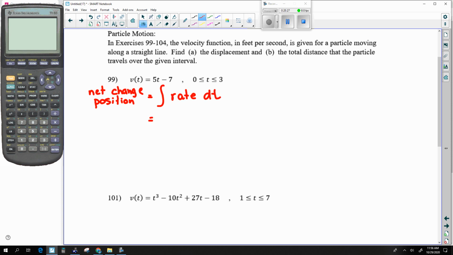So in this case, this is on the interval from 0 to 3 of v of t. That's the rate of position. And so this is going to be 5 over 2 t squared minus 7t from 0 to 3.